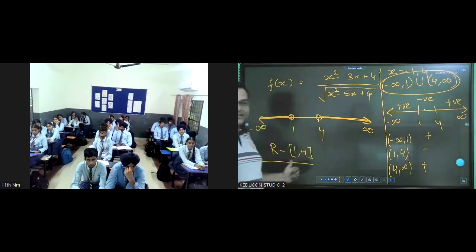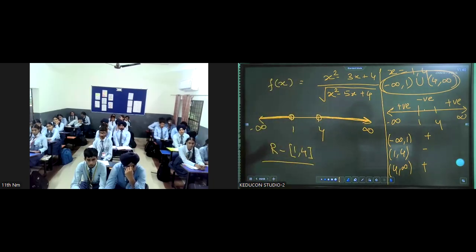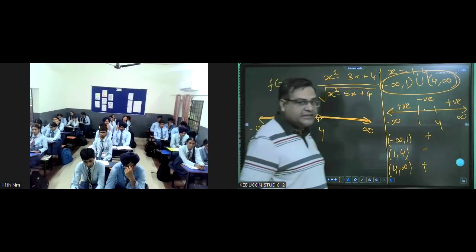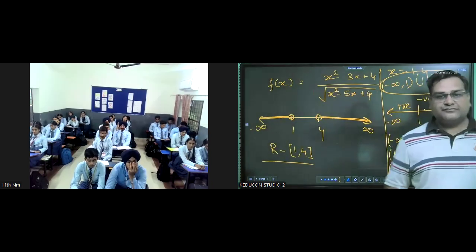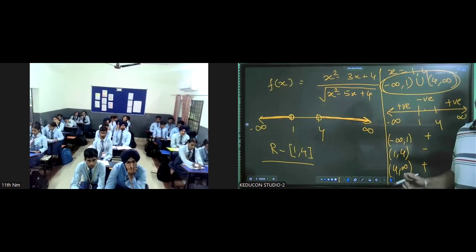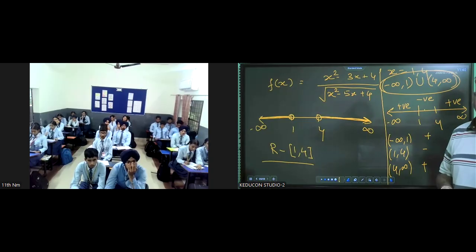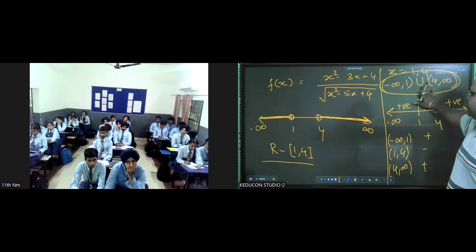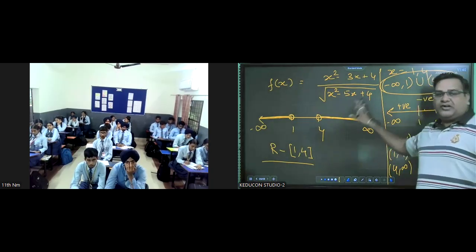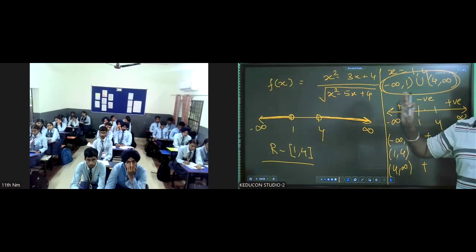This thing and this thing are one and the same. Is it clear, students? Anything not clear? Both forms are one and the same thing.